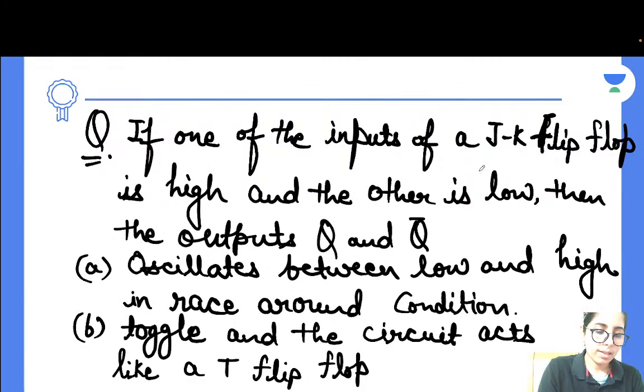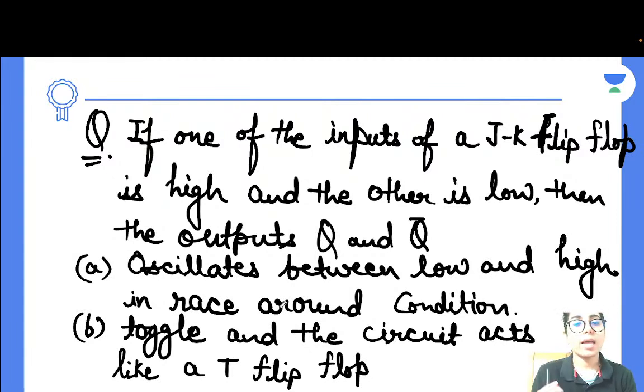Try it now and just see what you can consider from the given options, what information you are going to get. Is it helping you to know how the changes need to be made in the JK flip-flop circuit? If one of the inputs of a JK flip-flop is high, one of the inputs you keep high and the other you keep low, then the outputs Q and Q bar, will they oscillate between low and high in race around condition?